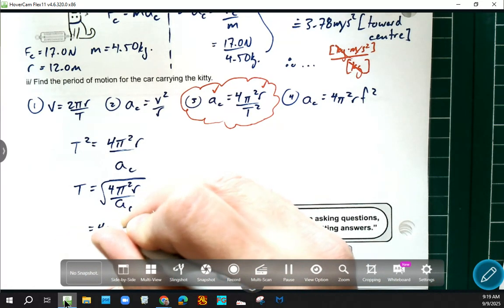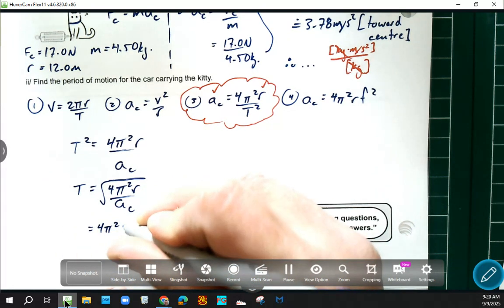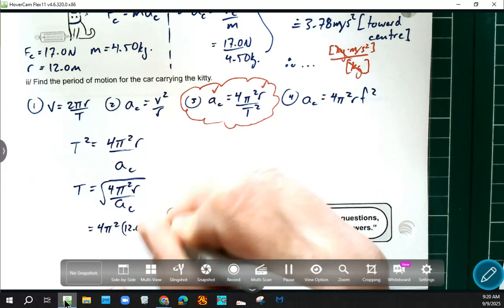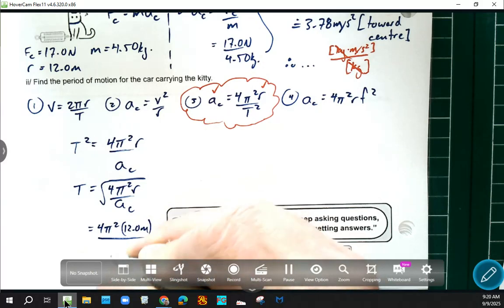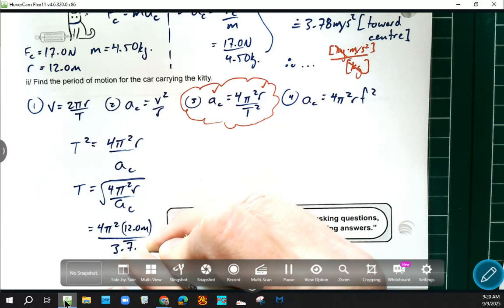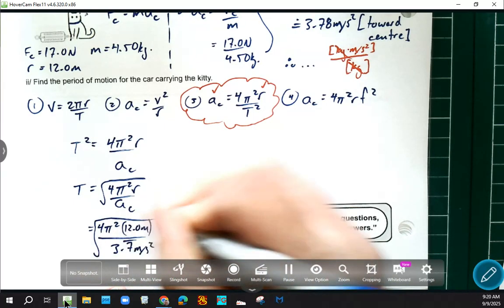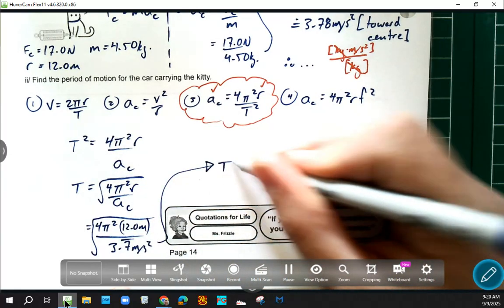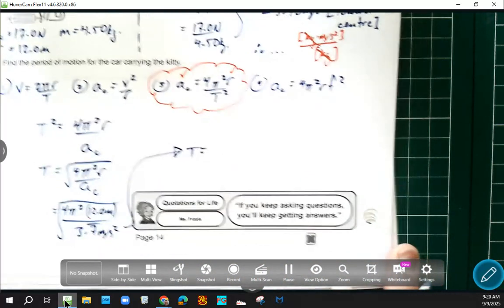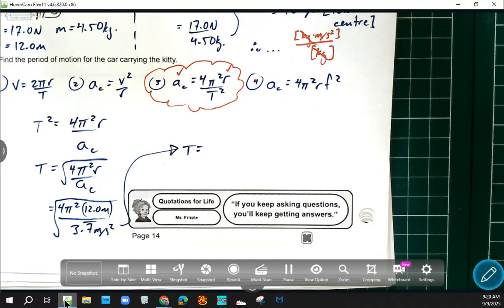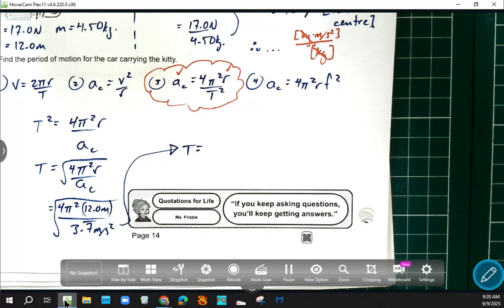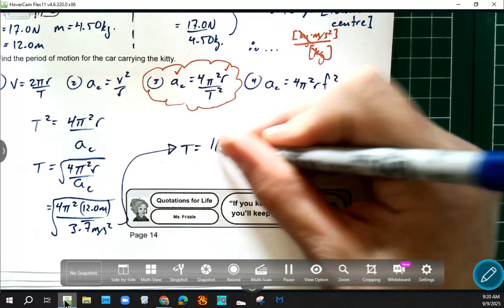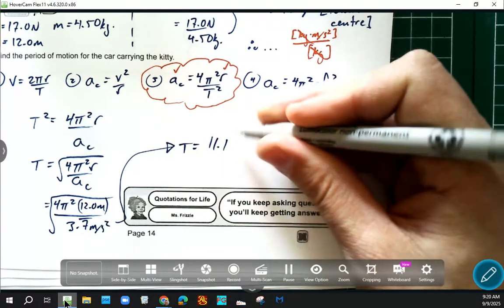So I say 4 pi squared times the radius, 12 meters, divided by the AC we calculated earlier, unrounded, remember, 3.7 repeated meters per second squared. Square root that whole thing. And somebody give me an unrounded value, maybe like 4 decimal places. 11.1950.